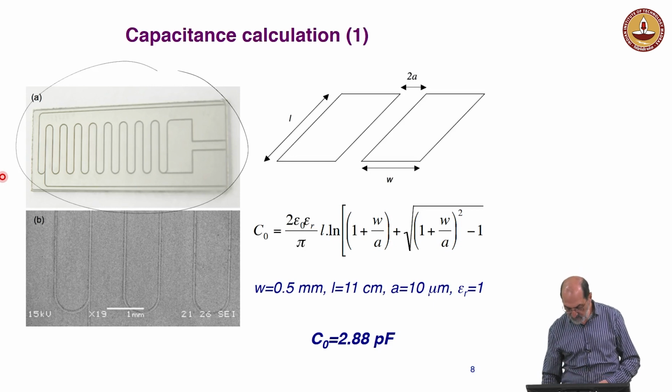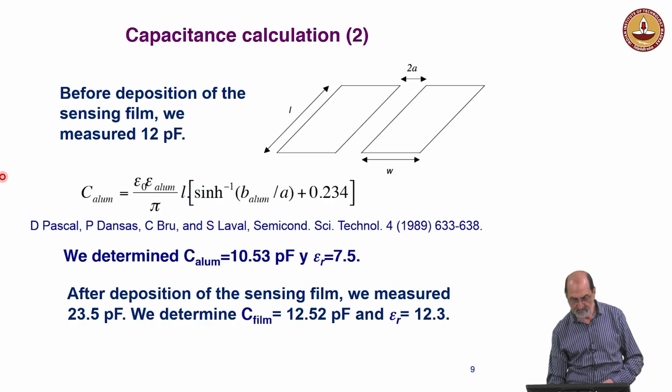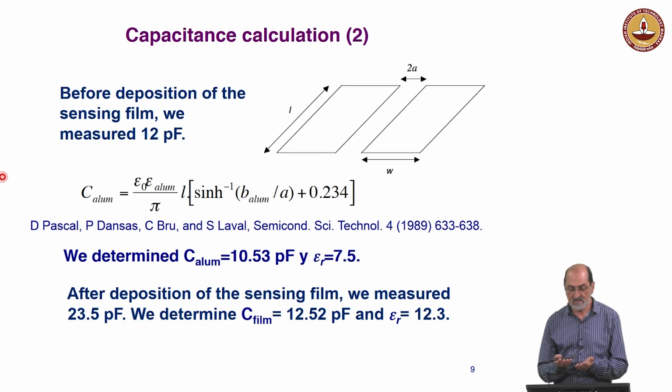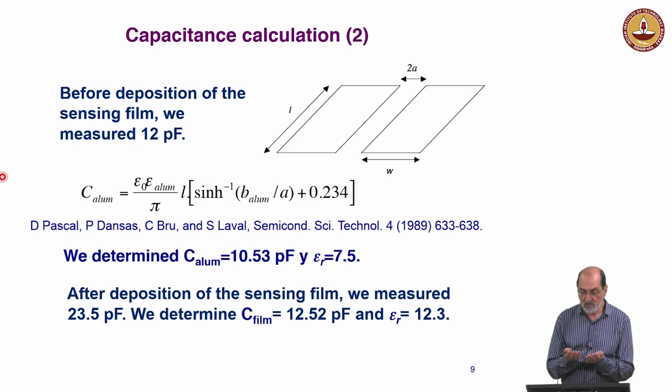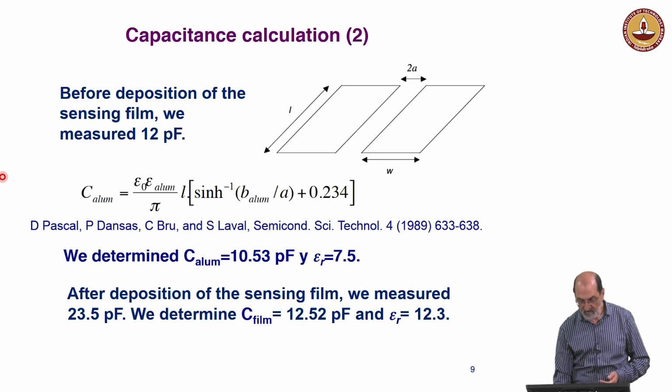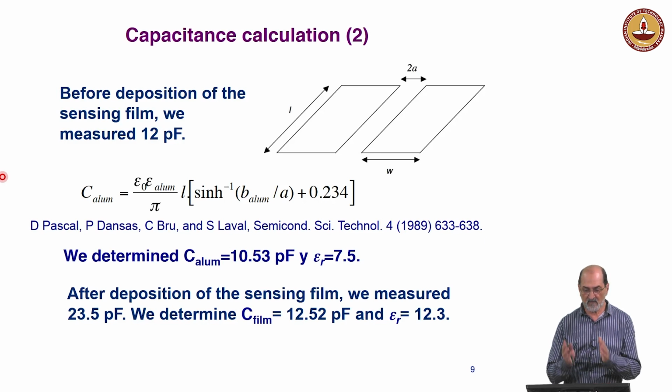We could make the calculations to get some numbers, and we found what the capacitance of the original substrate is, and amazingly we measured and it worked, so the formula works well. It took me a while to find how to calculate that. It's not usual. People are used to having the capacitance with two plates parallel to each other, not like this.